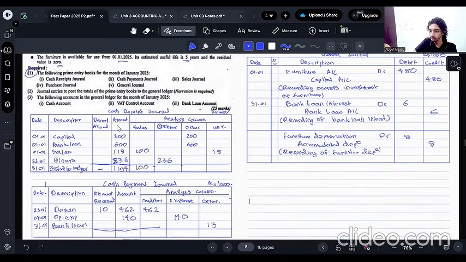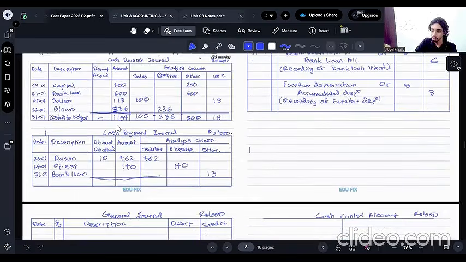Sales will be 100, debtor 236, other 800, VAT is 18. Then cash payment journal 10, 462 plus 140, that is 602. Creditor 462, expense 140, other 13.